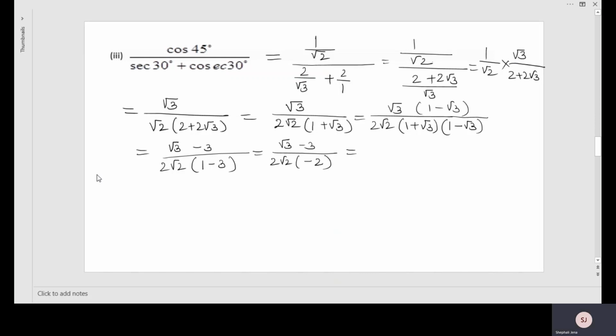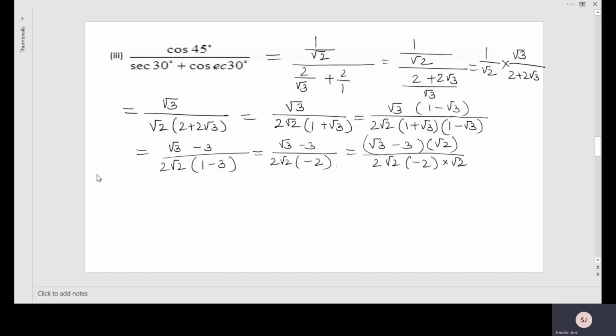Again another root 2 is there, so to rationalize the denominator we should multiply another root 2. Since we multiply in the denominator, we should multiply in the numerator also to balance the fraction.